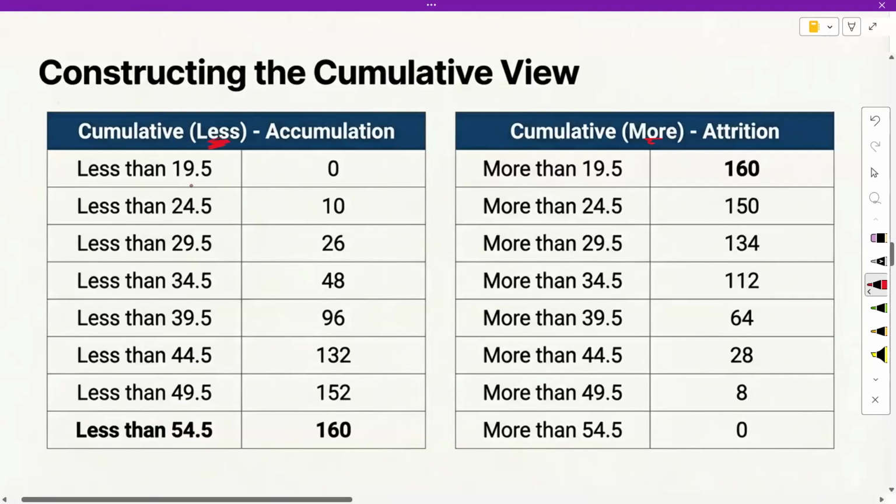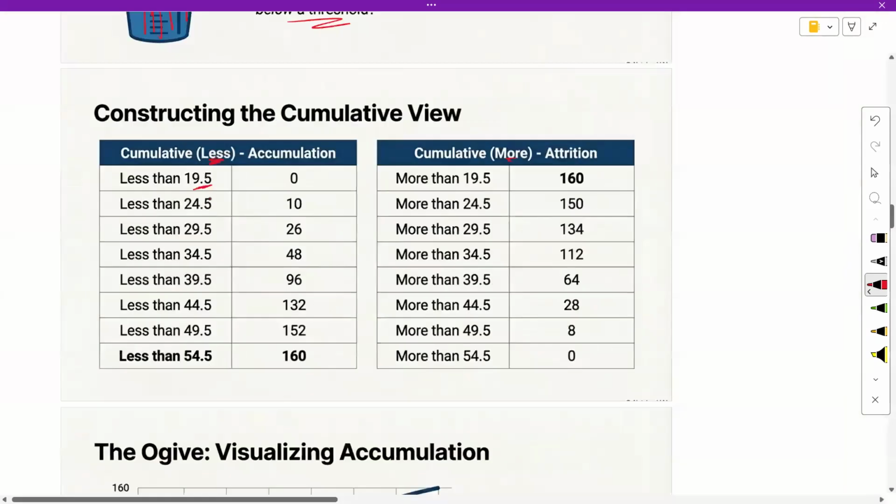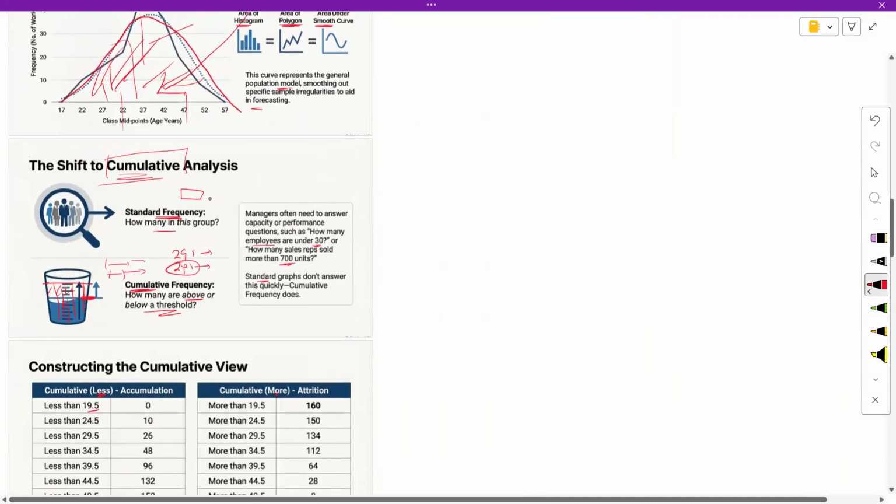Here, less than 19.5. How many employees less than 19.5? Nobody. Look at this data set.